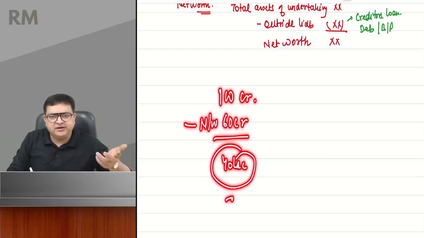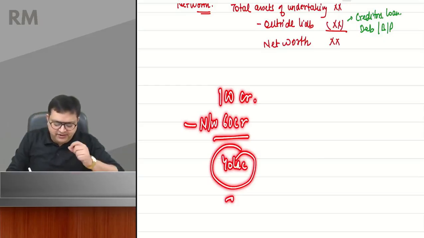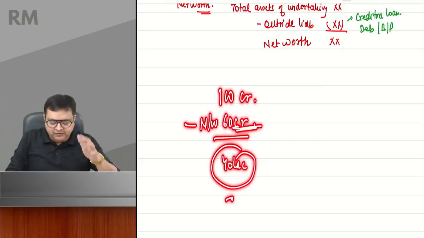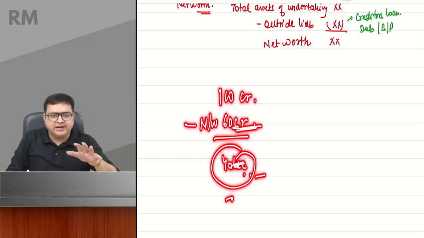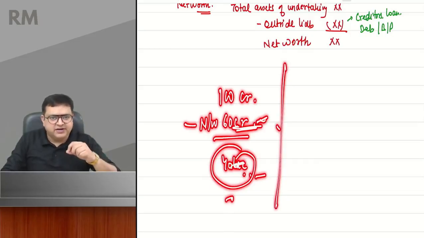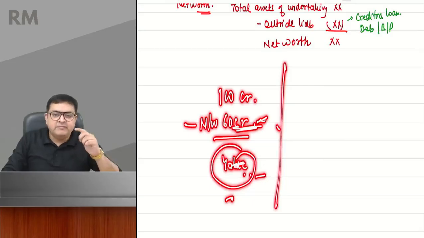If it is more than 3 years, long term, up to 3 years, short term. Okay, my point is, look at this net worth. Let's say we have sold this entire undertaking for 100 crores. Net worth is 60 crores. So 40 crores would be my capital gain. Now, since this net worth is coming from my balance sheet, I can manipulate my balance sheet items also.